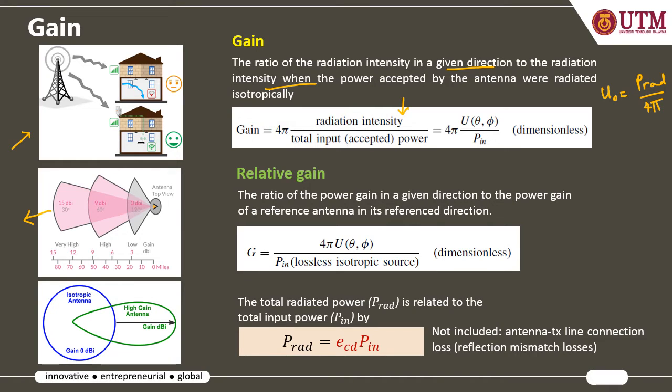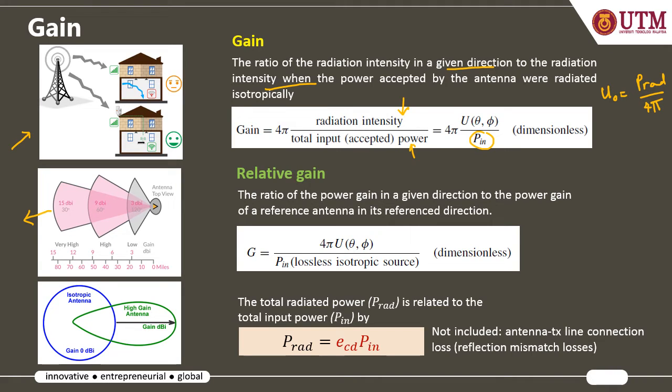So we can relate the radiation intensity at the input point to the radiated power, or in this case the accepted power, equal to P in divided by 4 pi.